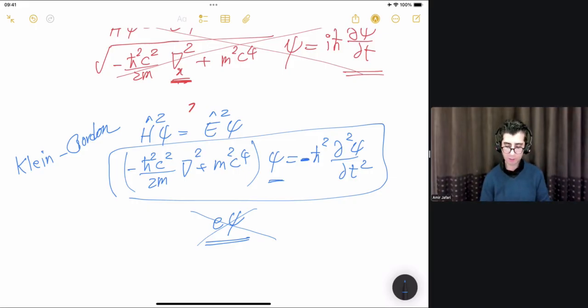Because in this equation, I've written m. What is m? The mass of the particle. What particle? The particle you are working with. So you're assuming that you have one single particle, and the number of particles in this theory is fixed. You can write down this equation for multiple particles, for n particles.